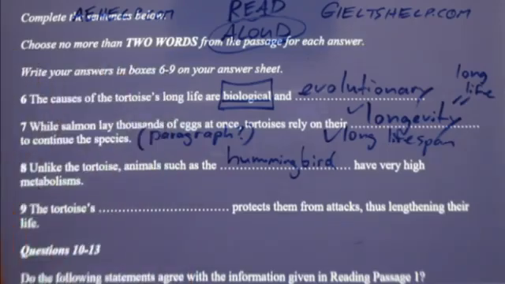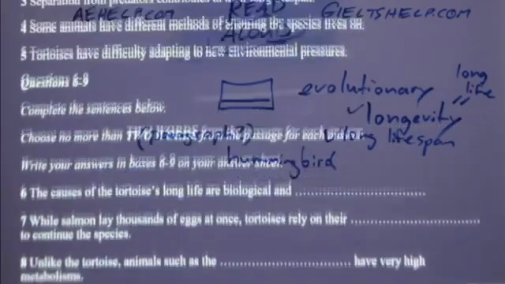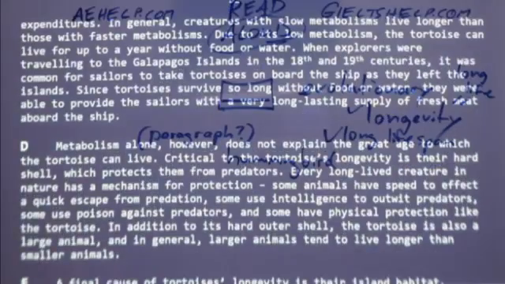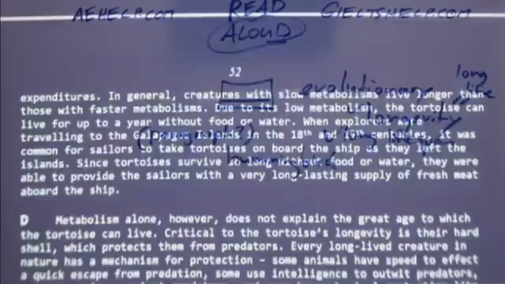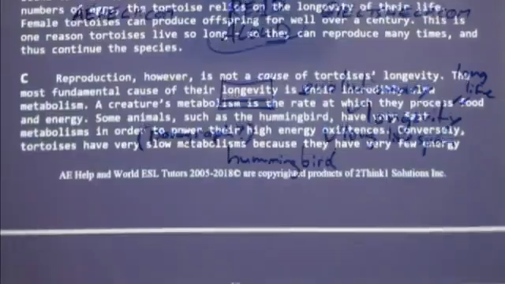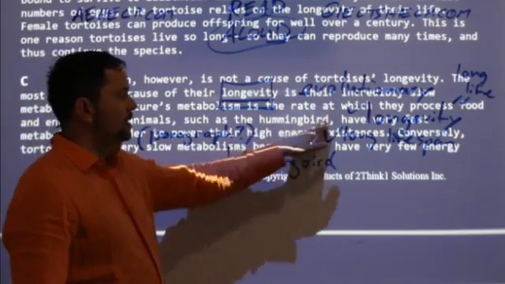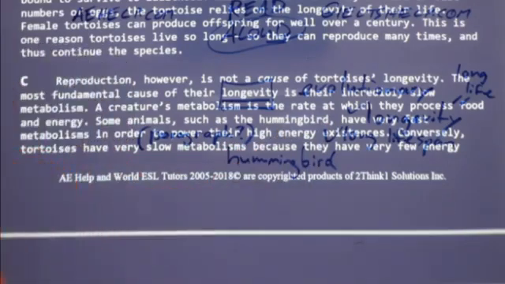Hummingbird, absolutely. So, again, that's going to be in the beginning. Here it is. Hummingbird, one word.